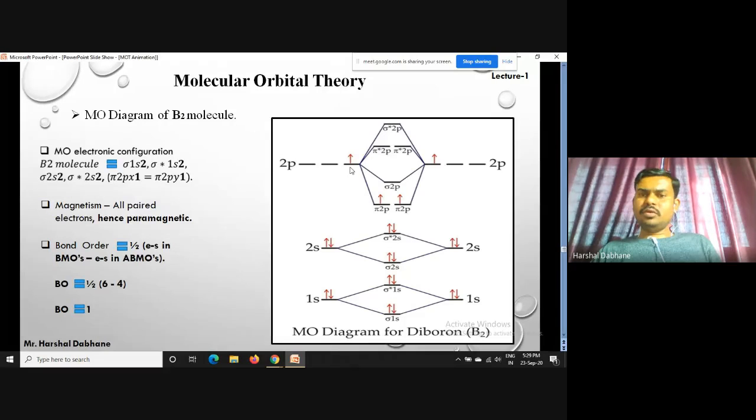So in some molecular orbital diagrams we have sigma 2px, or in some diagrams we have sigma 2pz. Suppose you write sigma 2px here, then you can write pi 2py and pi 2pz. You got it?